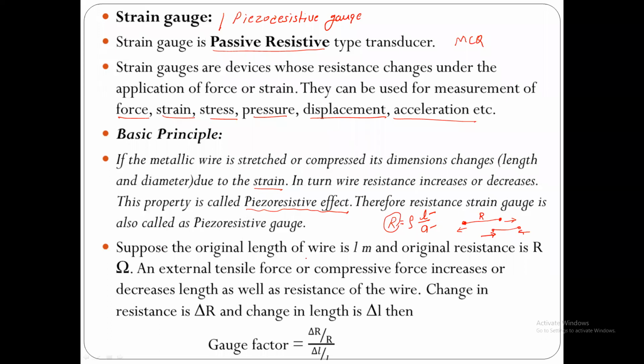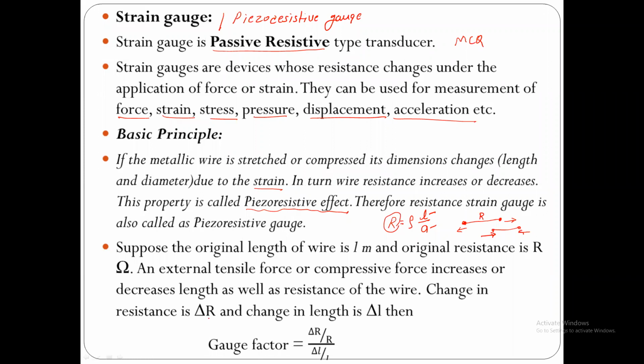Suppose the original length of a wire is L meter and original resistance is R ohm. An external tensile force or compressive force increases or decreases the length as well as the resistance of the wire.